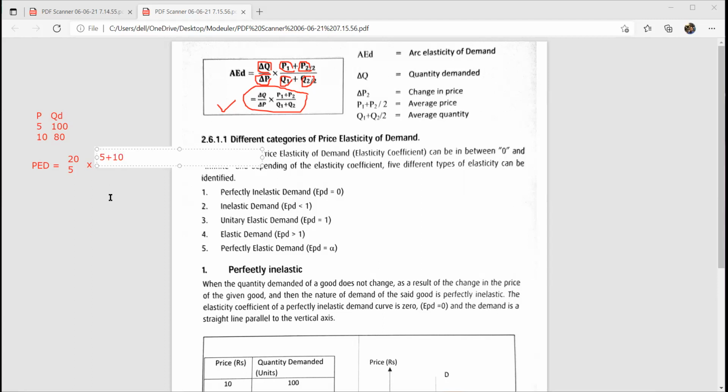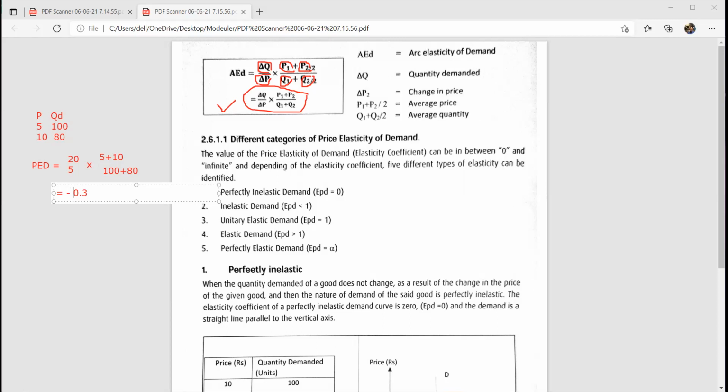Next one 10, divided by Q1 100 plus 80. So if we simplify this, we will get the final answer, 0.3 with a minus sign.